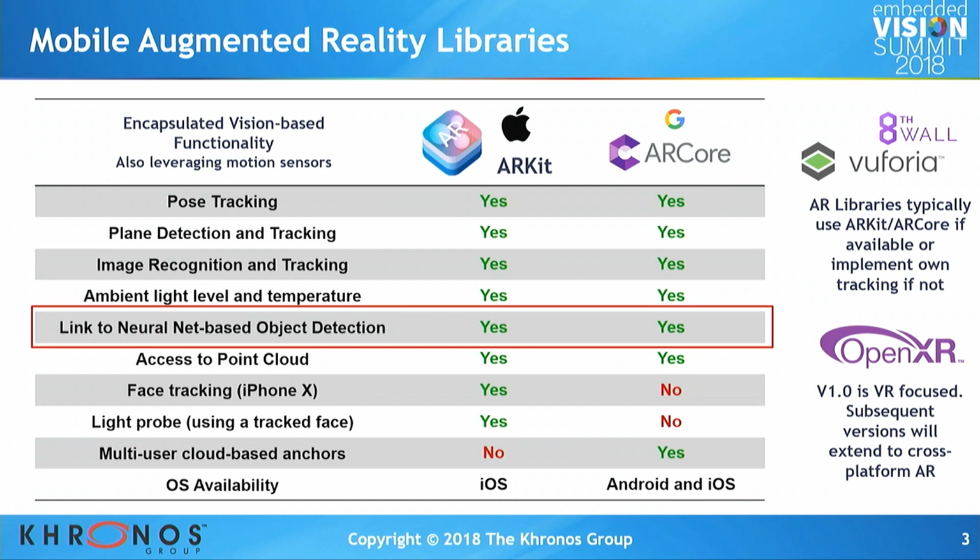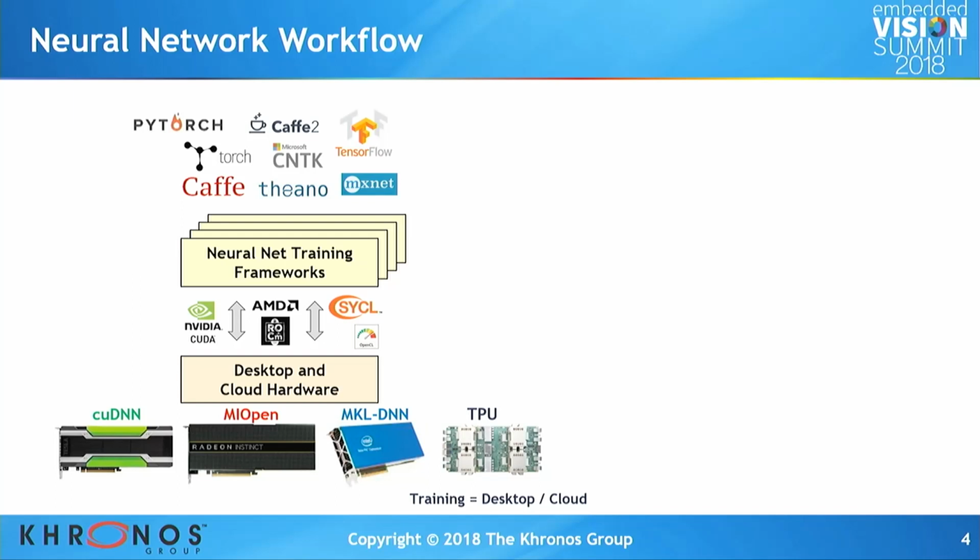So inferencing, of course, the big topic. Let's talk about inferencing on that top row. This is a zoomed out picture from what Radha was talking about. As we all know here, there's two stages. There's training your neural network, and then there's inferencing. On the training side, it's typically done on desktop or in the cloud. It's done on dedicated hardware like TPUs or GPUs.